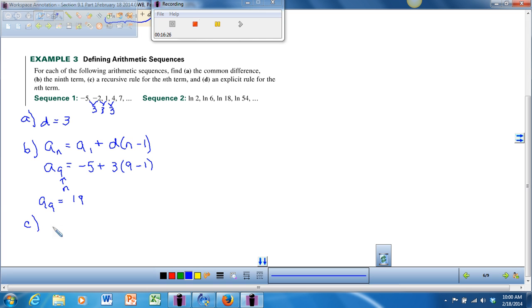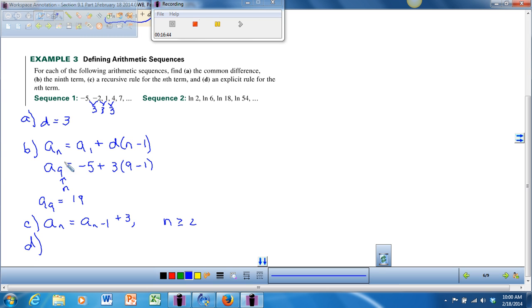All right, part C, the recursive rule for this, well, that means a sub n equals a sub n minus 1, then what? Plus 3. We want to remember that n has to be greater than or equal to 2.